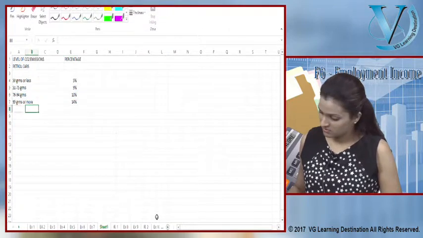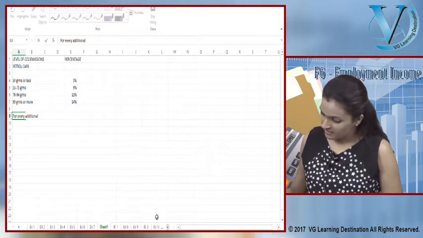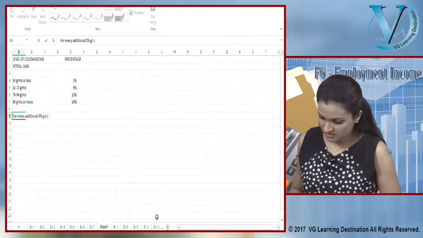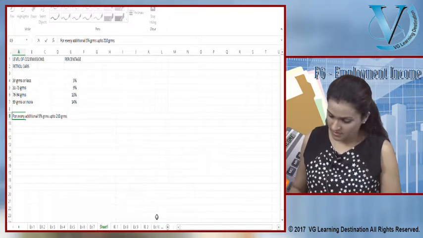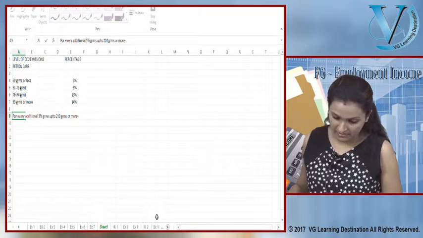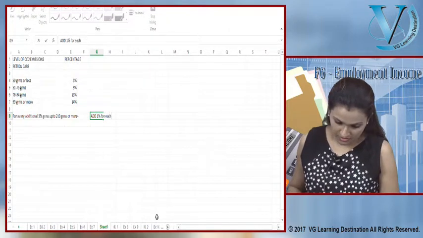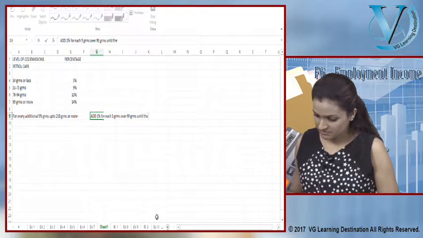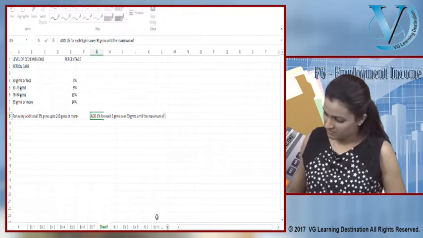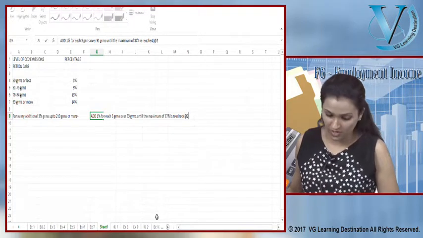What happens thereafter? For every additional 5 grams up to 210 grams, you basically levy, you add 1% for each 5 grams over 95 grams until the maximum of 37% is reached, which obviously happens at 210 grams.